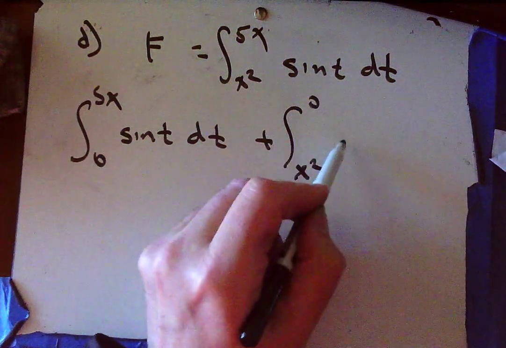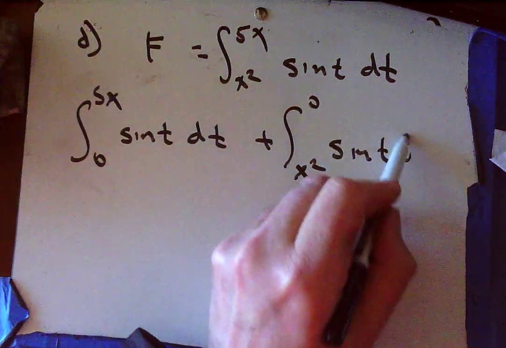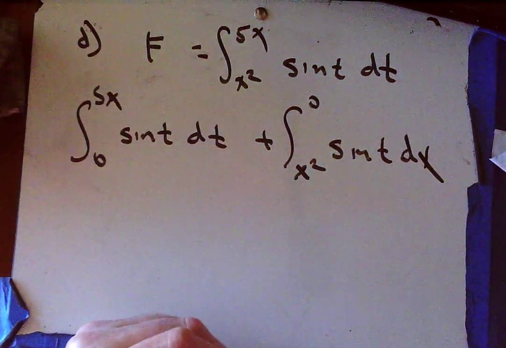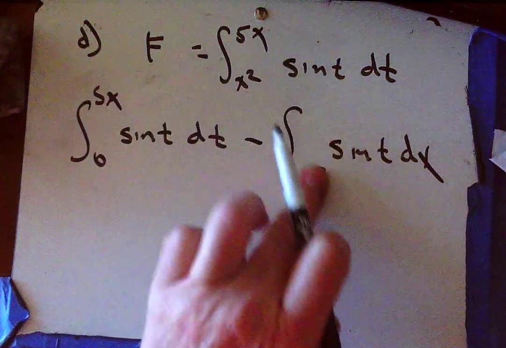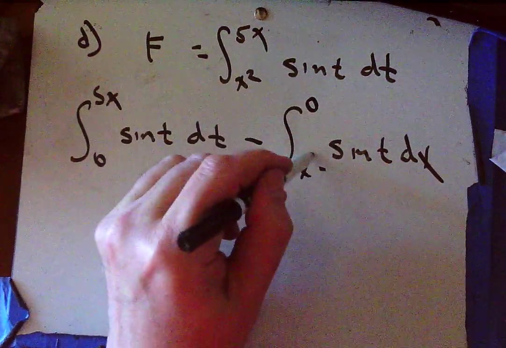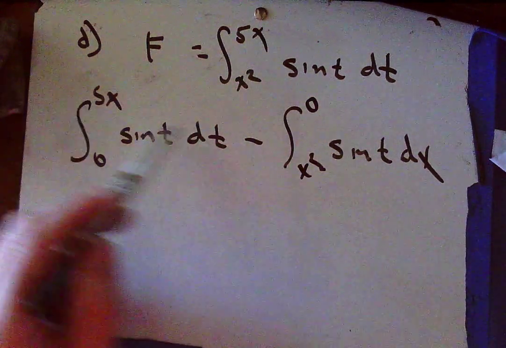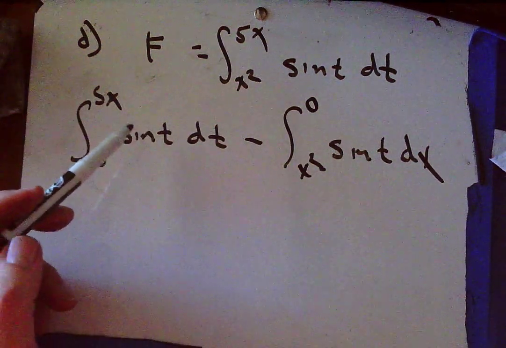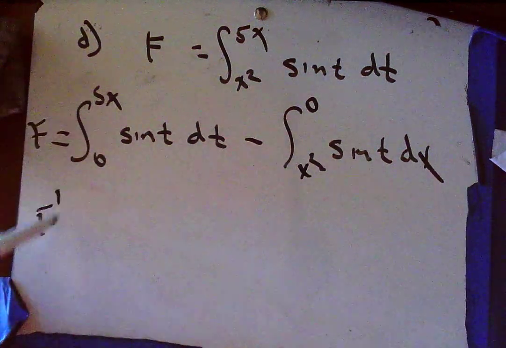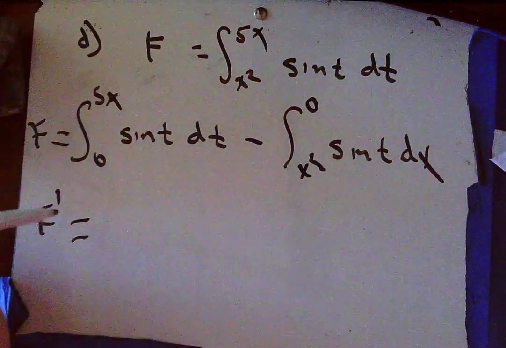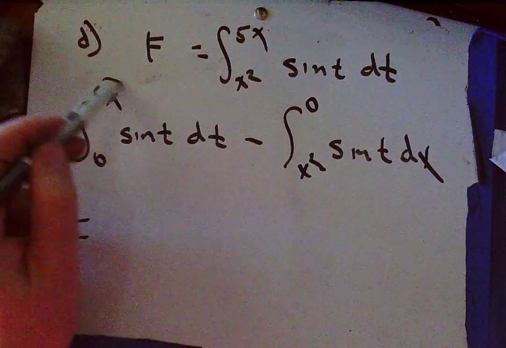So I'm going to flip these at the bottom limits. Now, I'm not taking the antiderivative here. This is f. I want big F prime. So the derivative of the integral goes away.